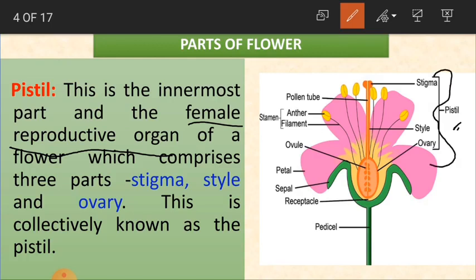Yes, stigma, style and ovary. The top layer of this pistil is known as stigma. Then taking support on the ovary, that part is style, and the down part is the ovary.